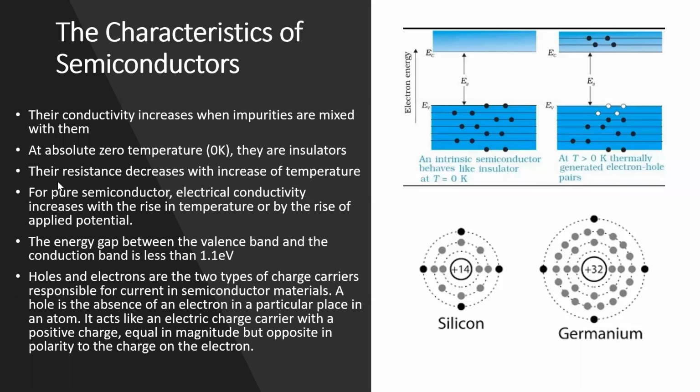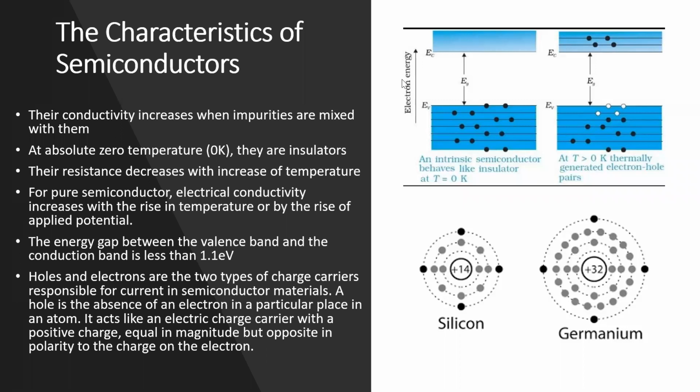Now, their resistance decreases with increase of temperature. Resistance decreases means the conduction increases. So let us see what happens when we increase the temperature of the pure semiconductor. Here you can see at temperature higher than 0 Kelvin, what happens?